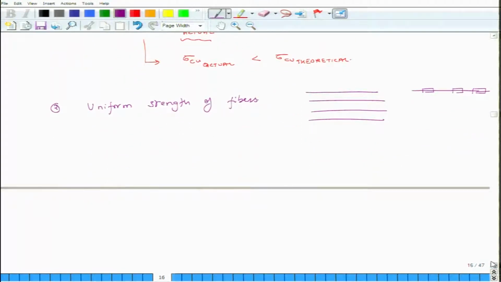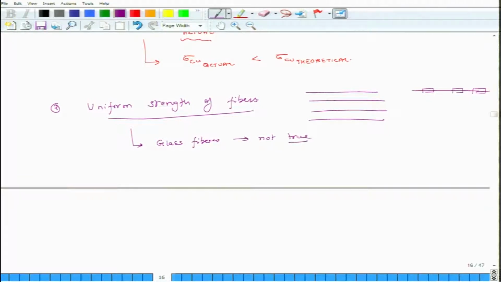If you take especially ductile fibers made of metals, they may have this property; their strength may be more or less uniform. But for glass fibers, this may not be true.